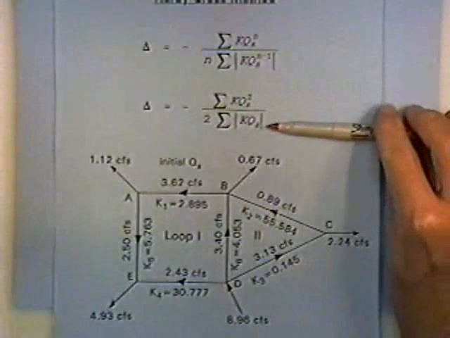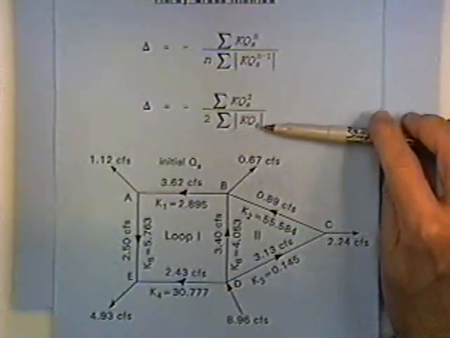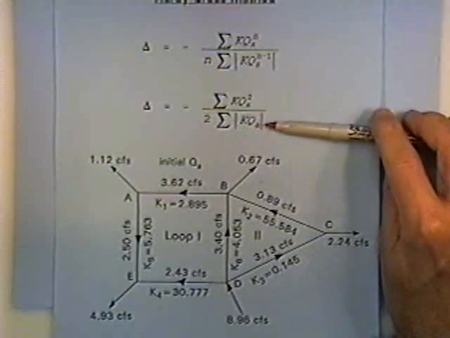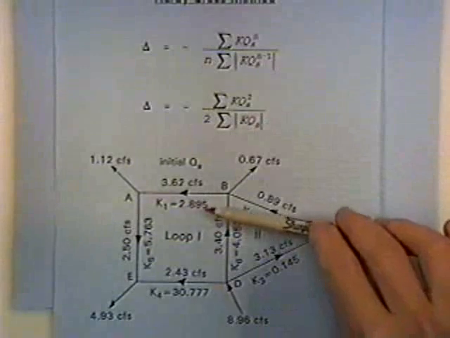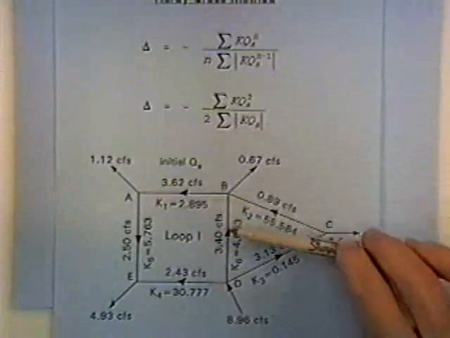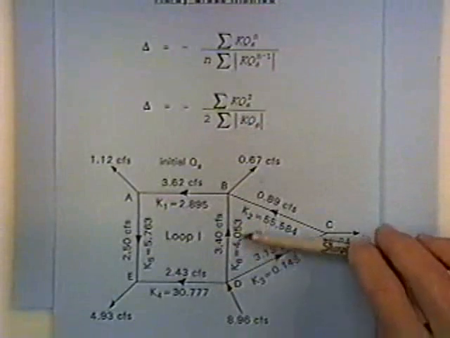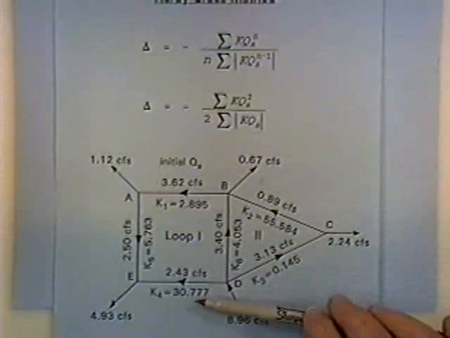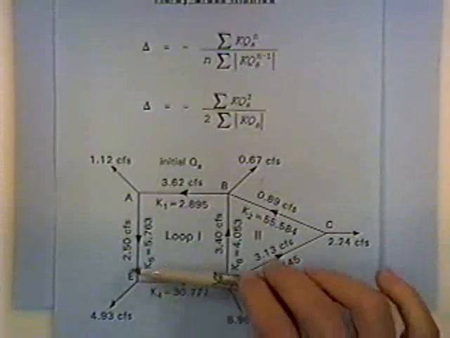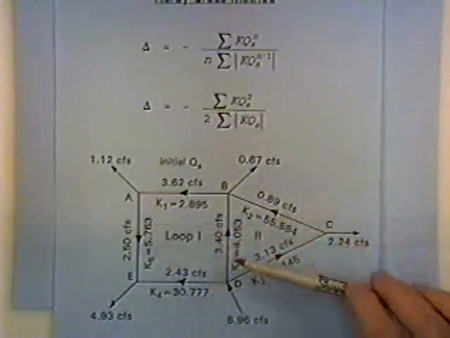We add up the four terms, and then we've got 2 times the sum of the absolute values, meaning the signs don't matter for the bottom part of the expression. So it's K times Q: 2.895 times 3.62 plus 4.053 times 3.4 plus 2.43 times 30.77 plus 2.5 times 5.763.